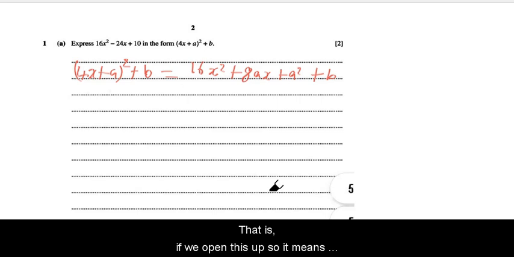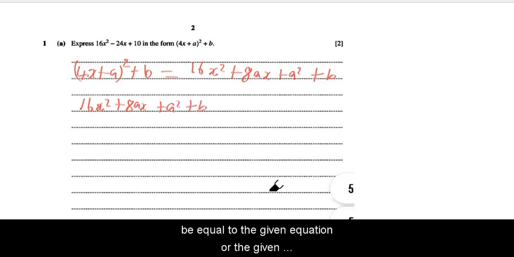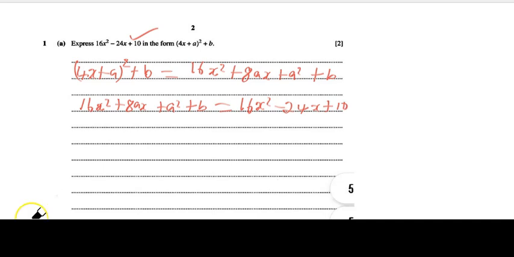So it means that 16x squared plus 8ax plus a squared plus b must be equal to the given expression, 16x squared minus 24x plus 10, right?